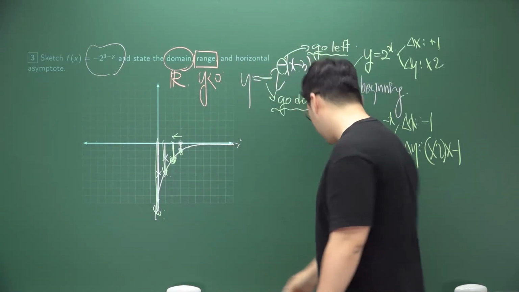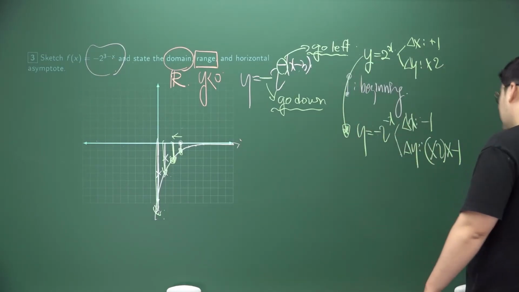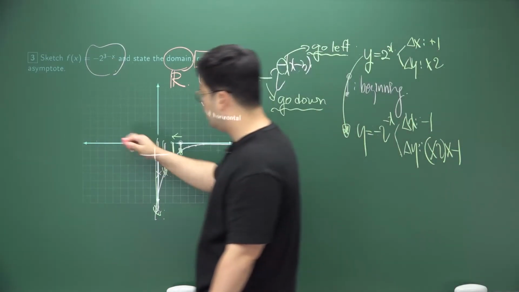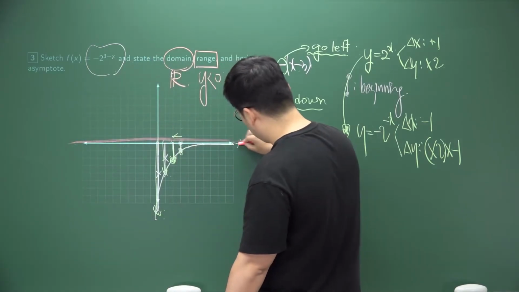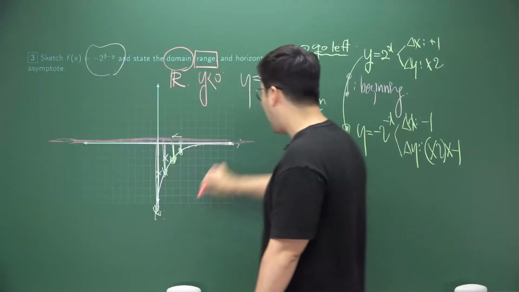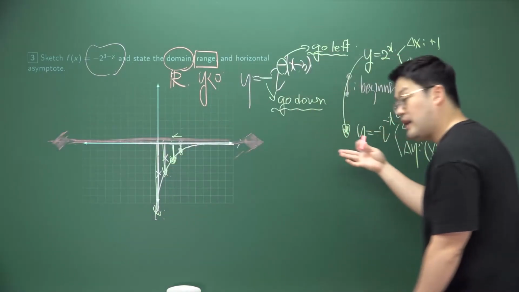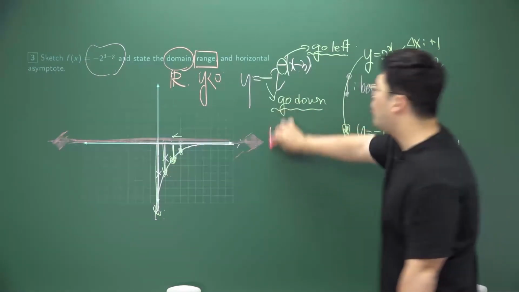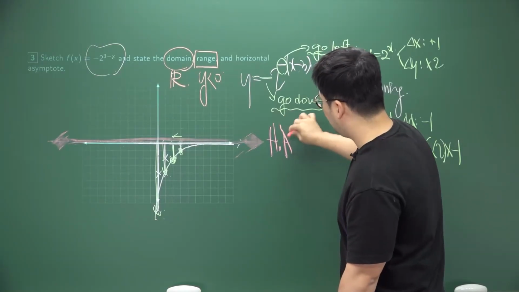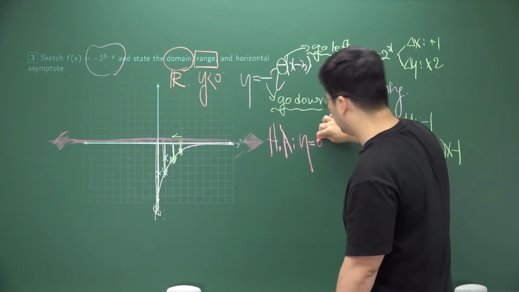Sir, I don't get it. No, you do know. You get this. Check this out. You see, that particular line that you're looking at is going to be the horizontal asymptote. And the horizontal asymptote is going to be y equals 0.